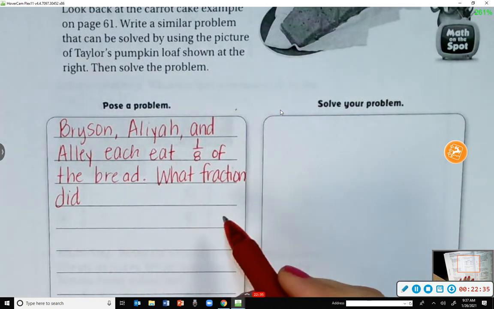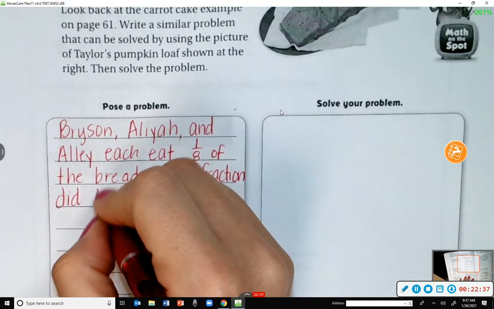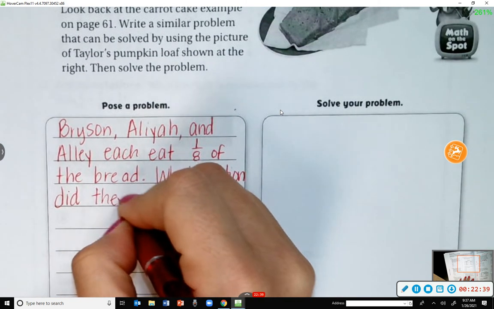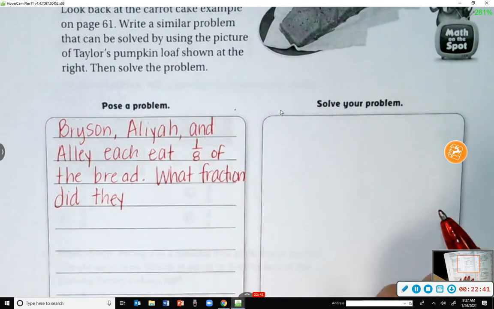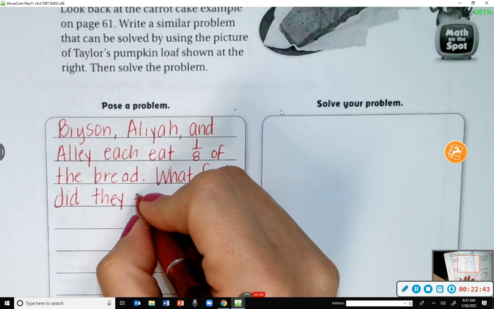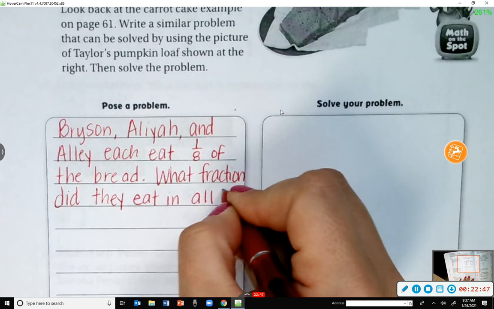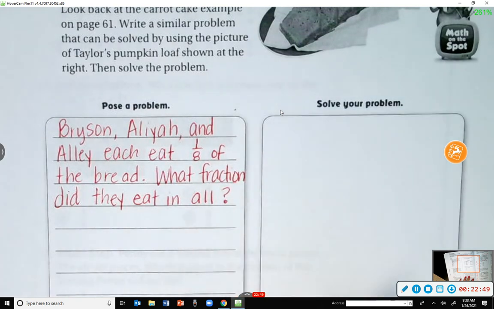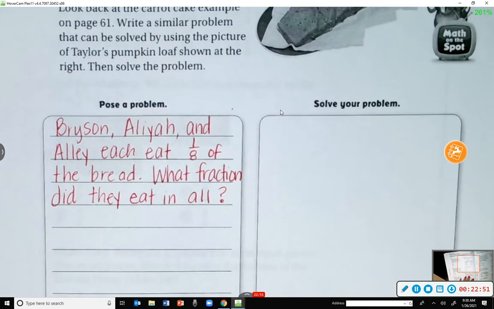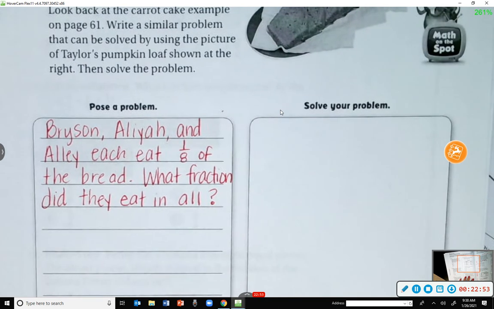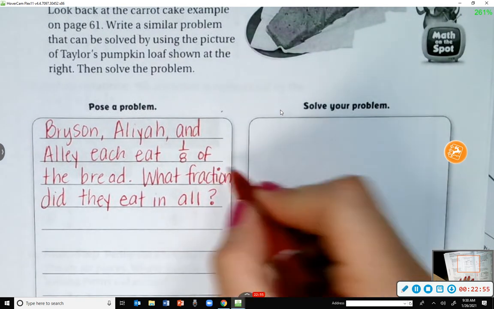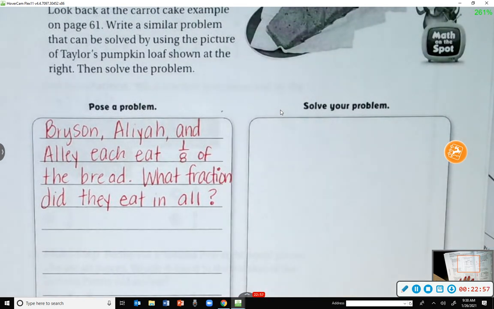What fraction did they eat in all? I'm just going to say they, so we don't have to write the 3 names again. Good. Now we have to solve it. How am I going to solve the question? What fraction did they eat in all? Evangeline?